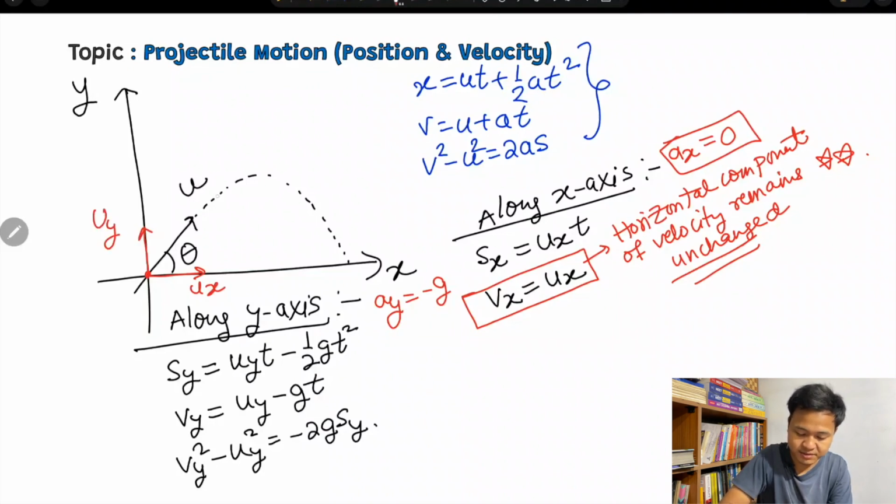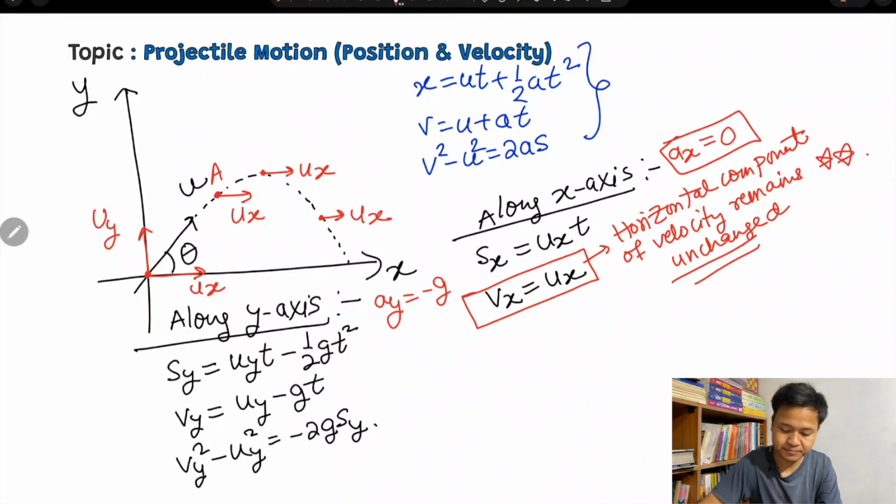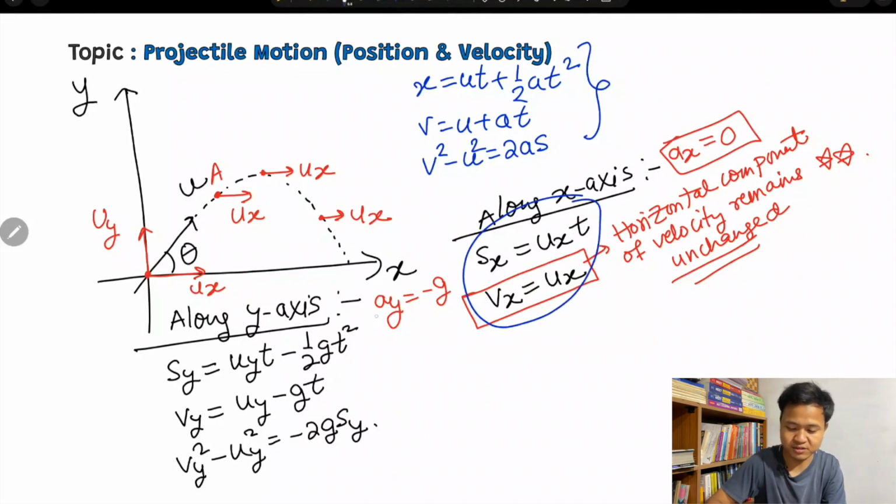Let's say after some time at point A, the horizontal component is again ux. So at every point the horizontal component is always ux. It will not change. So these two we use very frequently. Most in solving questions you will use these two.